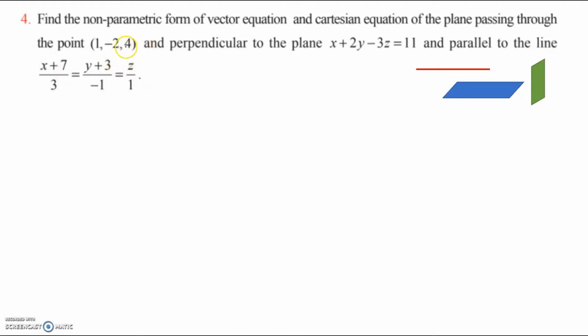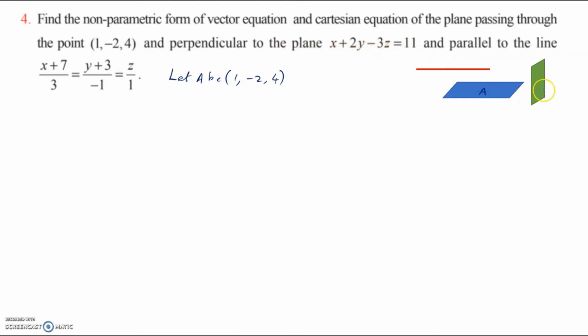Now, we can define our point here as a point A. So let A be 1, minus 2, 4 and let this be a point on the plane. This is our required plane. Then we have that this plane is perpendicular to the plane x plus 2y minus 3z is equal to 11.